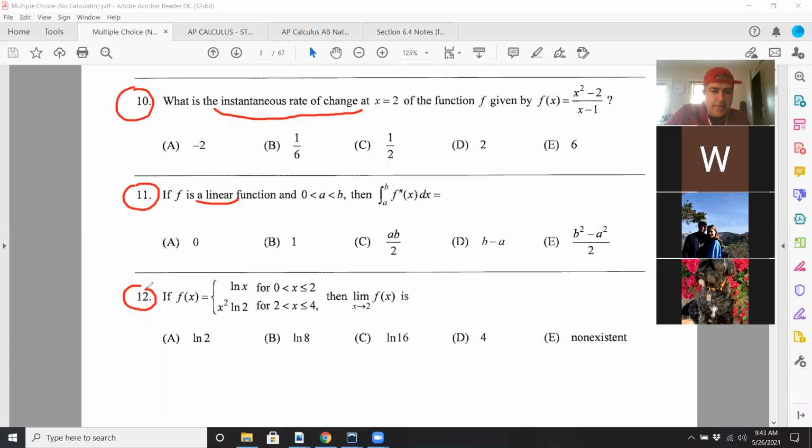And 12 is involving a limit. So go and mull over those for a few minutes. If you're stuck, just put some in the chat. Let me know. I'll give you a little push. And we'll try those 3 right now.